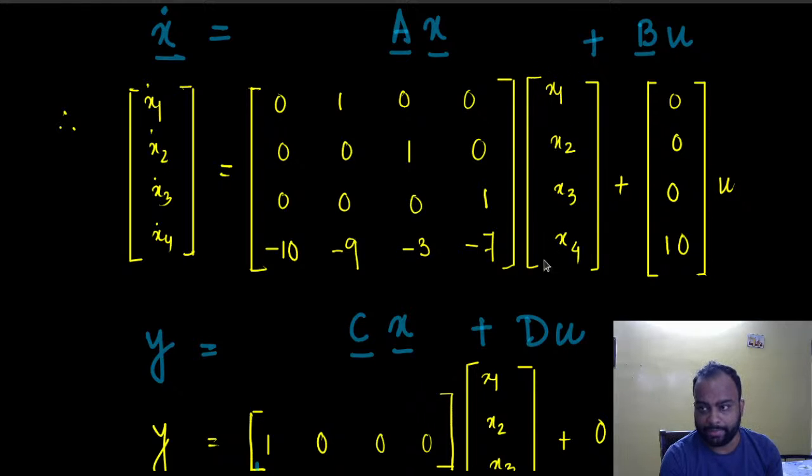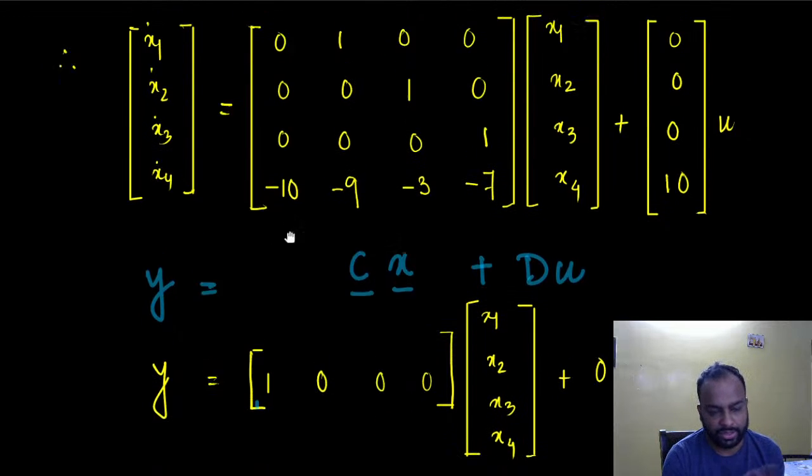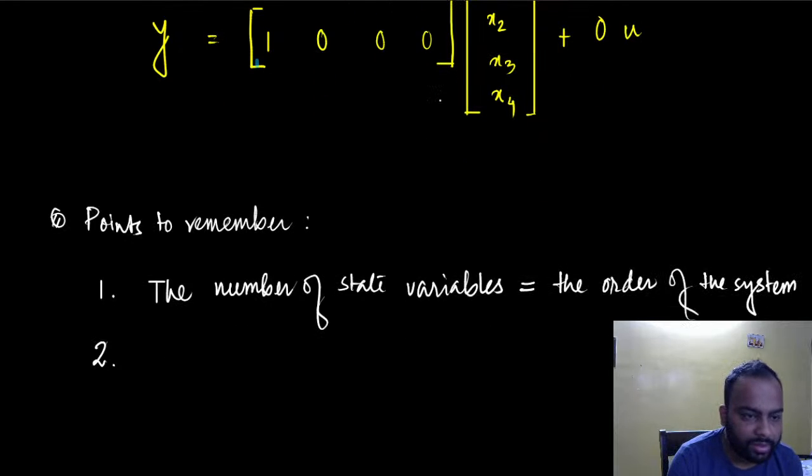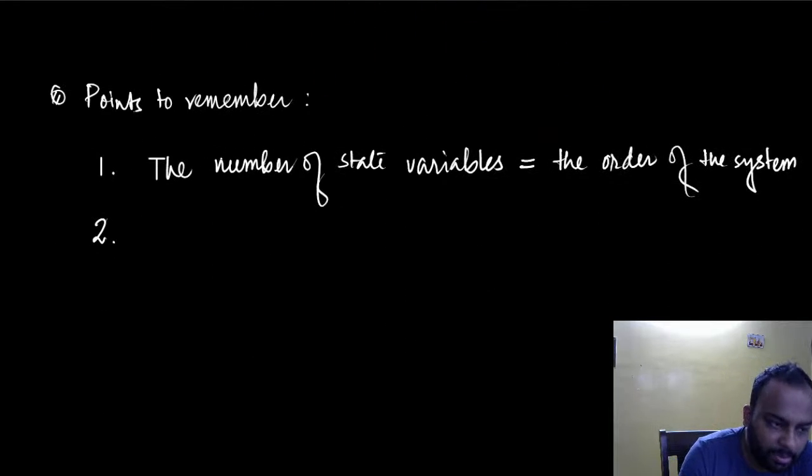It changes with time, so I have to use a small letter to represent that, and since it's a vector, I'm writing an underline. So this is a kind of engineering notation: variable quantities are represented with small letters, constant quantities with uppercase letters. All right, good question. So, points to remember, I would rather say.